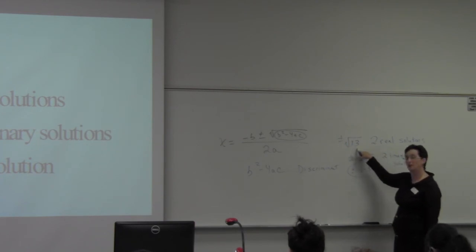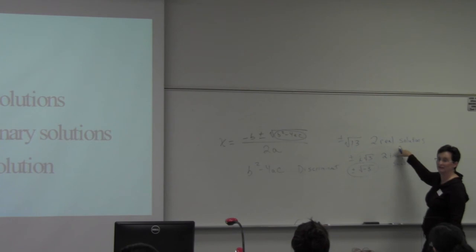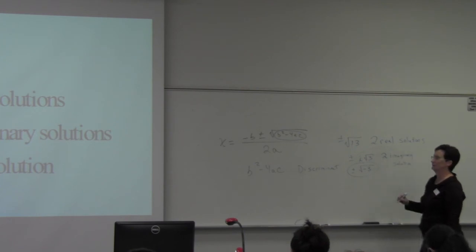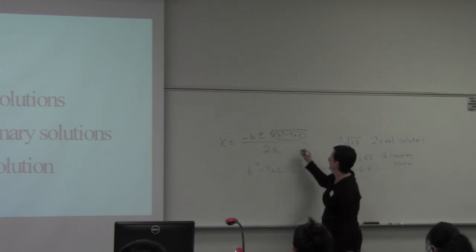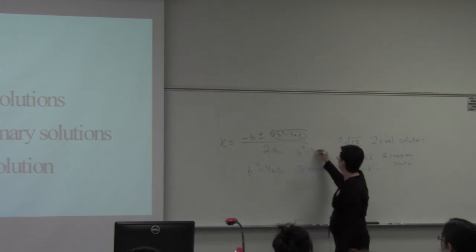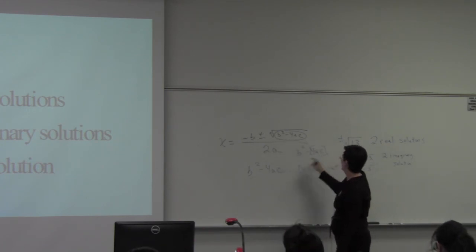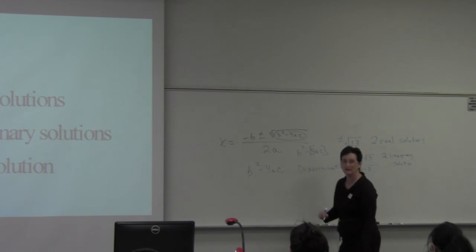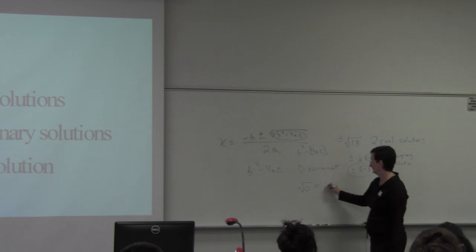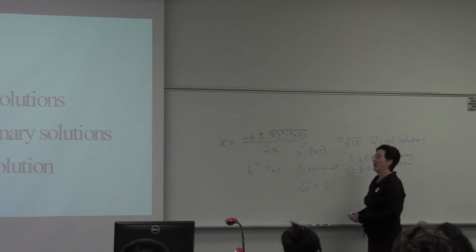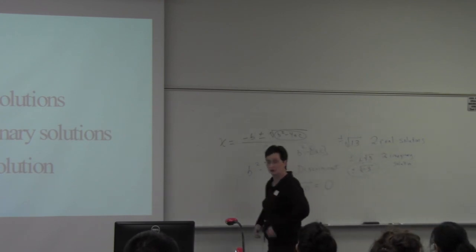If this number is positive, you have what? 2 real solutions. And last but not least, if your b squared is the same as your 4ac, what happens? The square root of 0 is 0. All right, so this is called the discriminant.